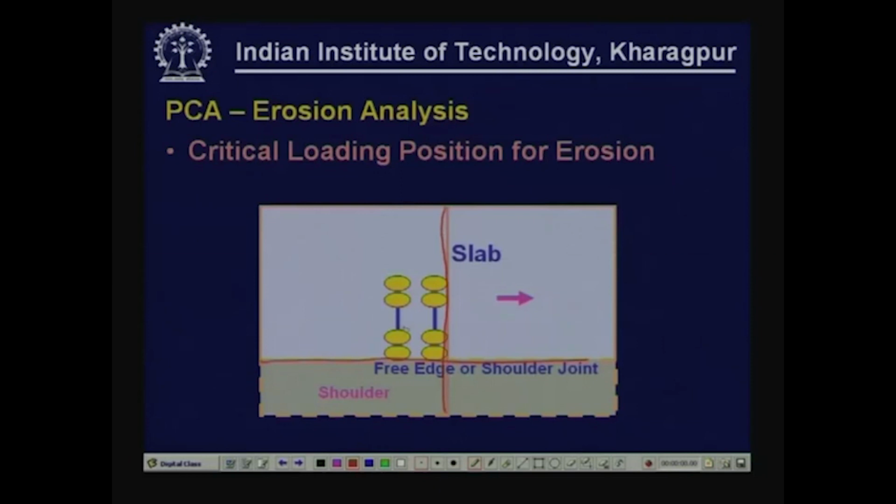So, this is where some amount of discontinuity is there in both directions. So, we have to place these wheel loads as close to the corner as possible. That is when we are going to have maximum deflection in the corner region, that is the critical condition. Again, we will have to assess what percentage of total traffic will have their wheel load positions in the corner region, whether it is 100% or part of that.